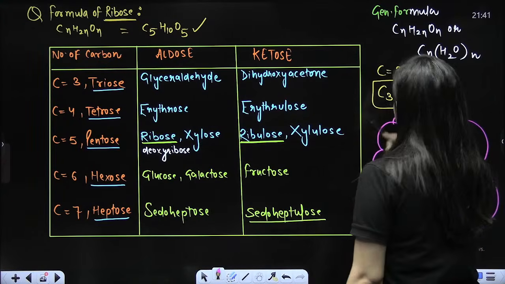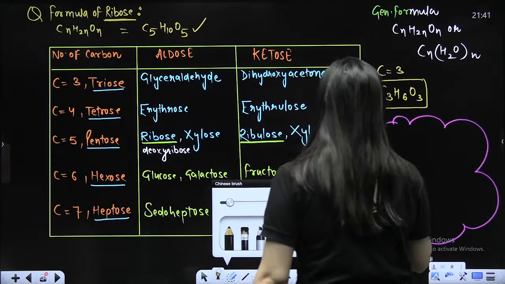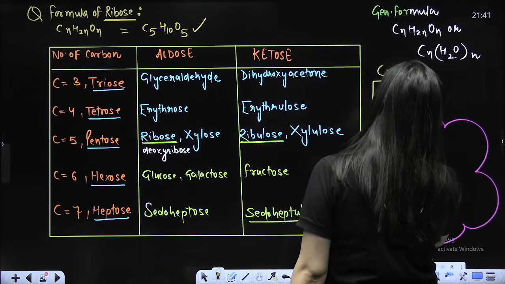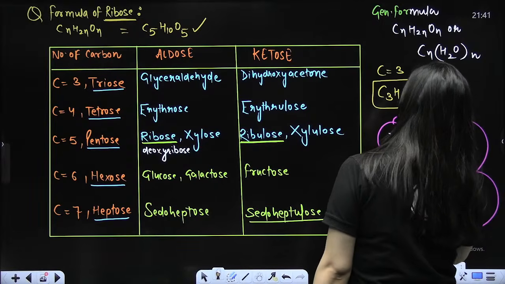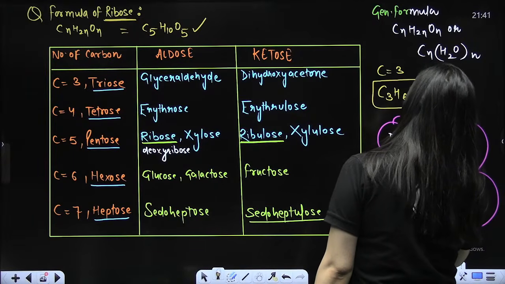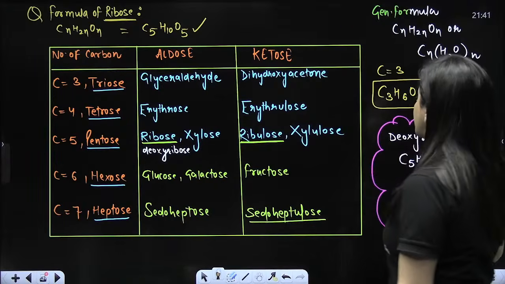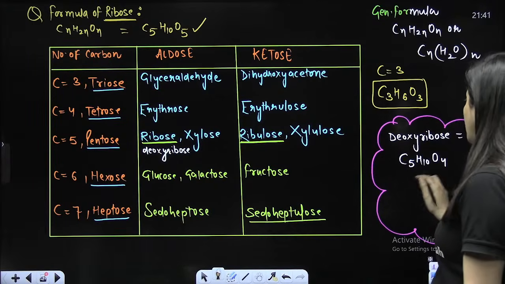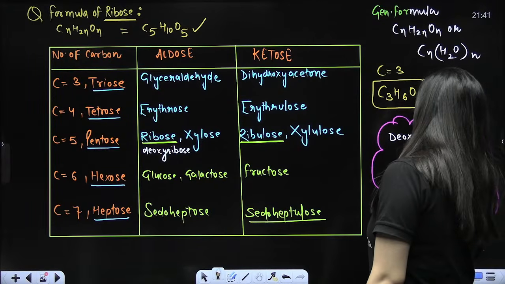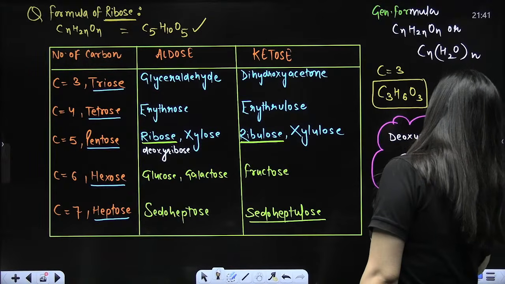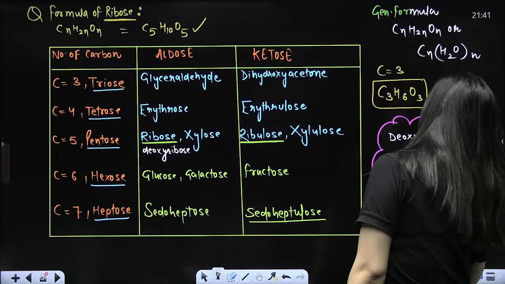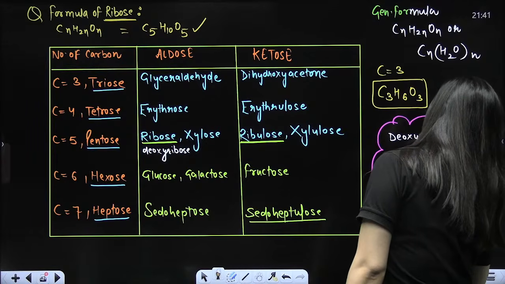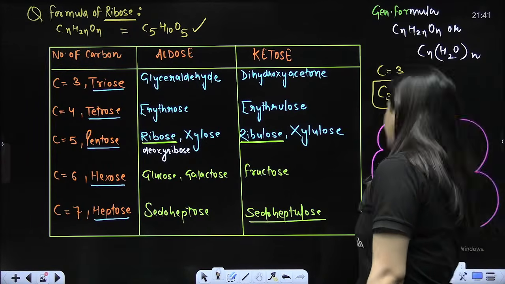So now I will write one important point here. We will elaborate it later. Deoxyribose is a monosaccharide, it's a pentose. Its formula is C5H10O4. It's not C5H10O5, it's C5H10O4. It doesn't obey the general formula.